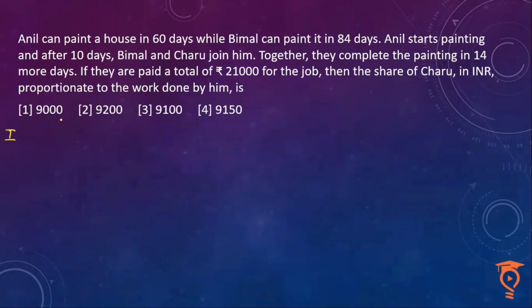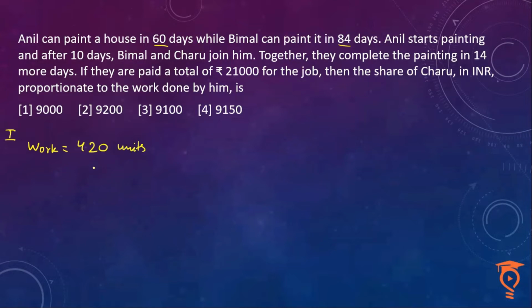All right, so let me give a number to the work, which is unknown here. So I'm going to take a common multiple of 60 and 84 so that it is divisible by 60 and 84 easily. So such a number is 420. So let the work be 420 units.